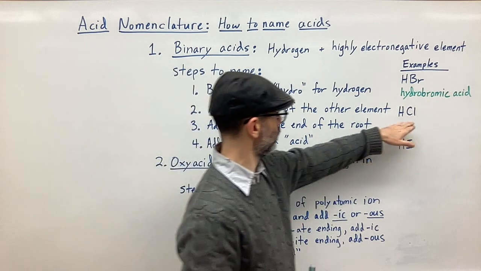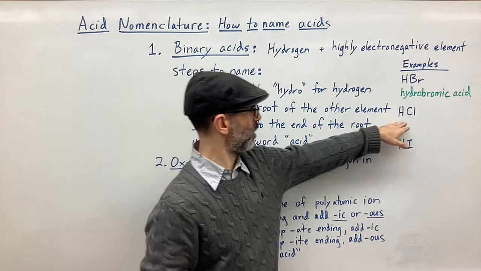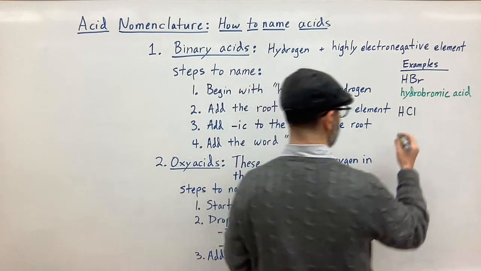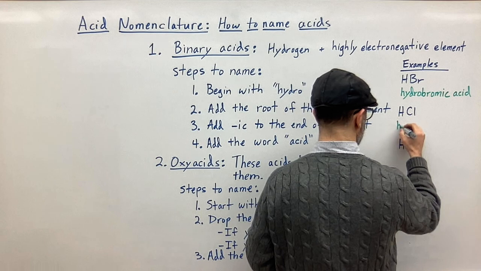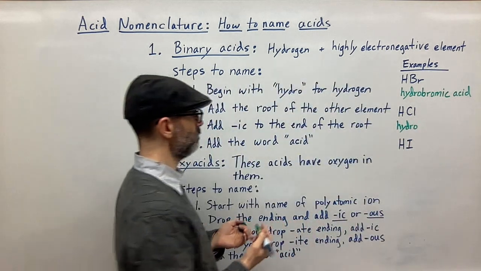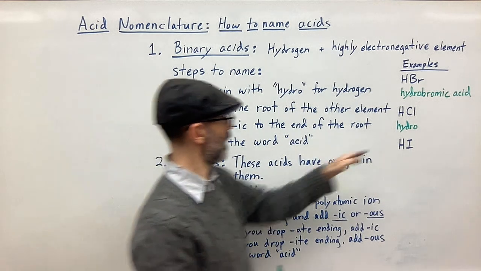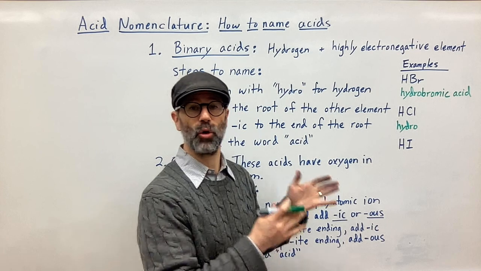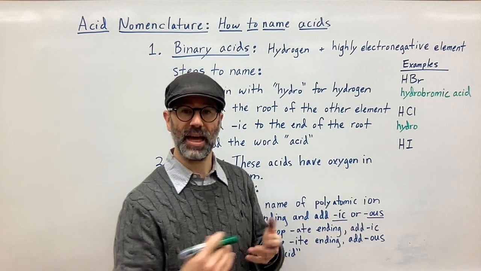We could do the same thing with HCl. HCl is a binary acid, no oxygen. So we start with hydro again, hydro for hydrogen. This time the element is chlorine. So we're going to add the word chlorine and drop the ine ending.